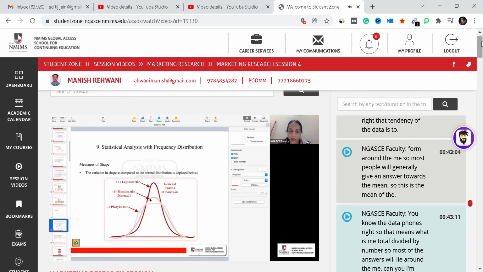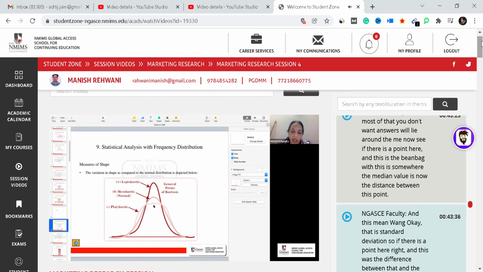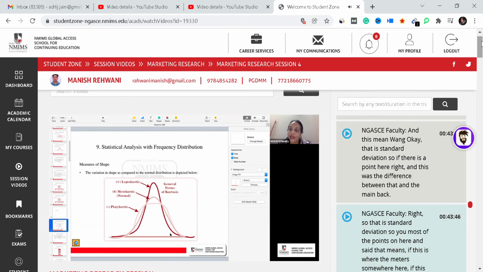So most of the answers will lie around the mean. I'm talking about this particular curve. Now, say there is a point here, and this is the mean value. The distance between this point and the mean value, that is standard deviation.